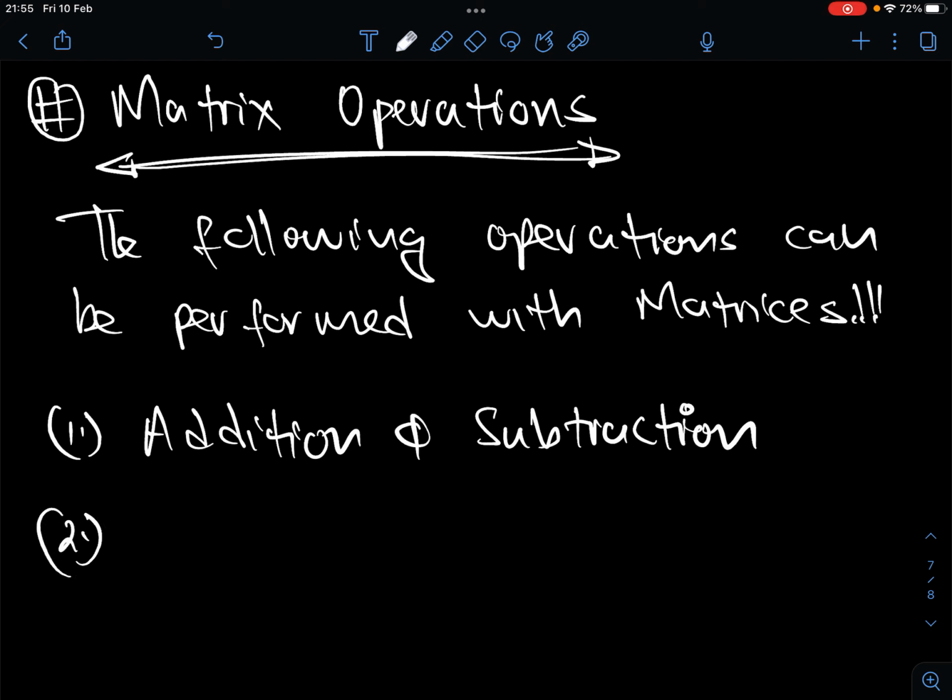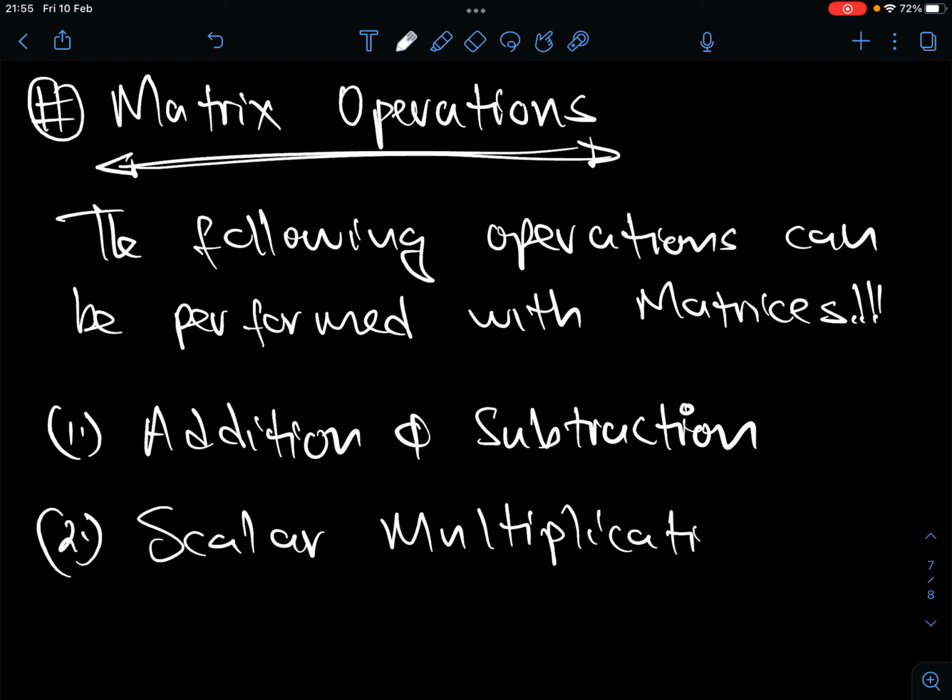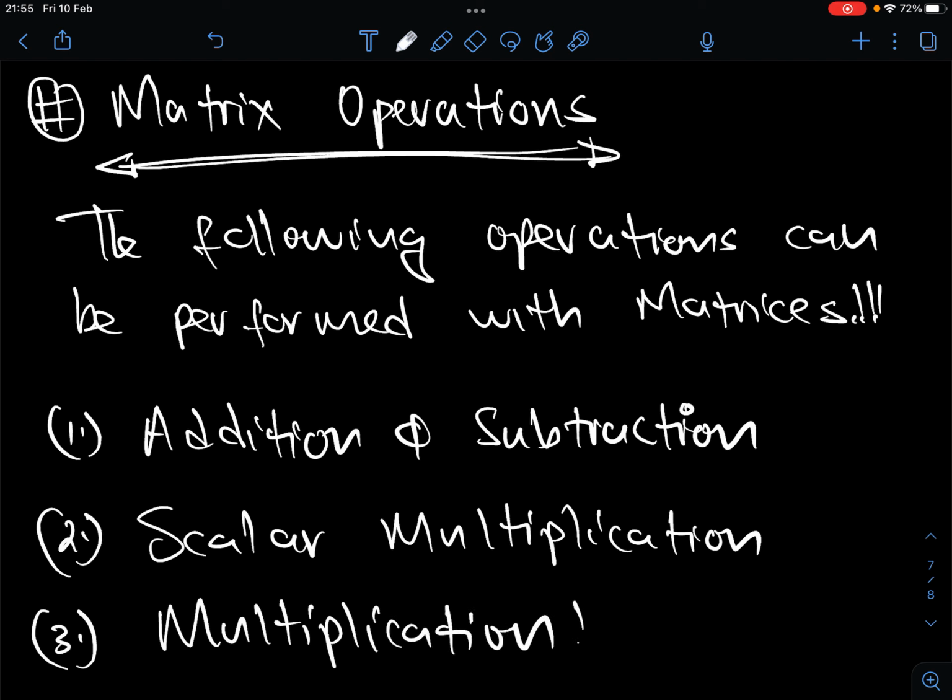Then two, the other thing that we can do with matrices is what is called scalar multiplication, which we are going to see also how it works. Then the third operation that we can do with matrices is the multiplication itself. So these are some of the basic operations that can be done with matrices.